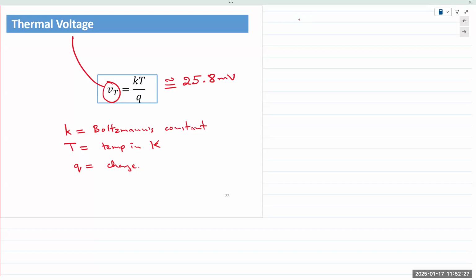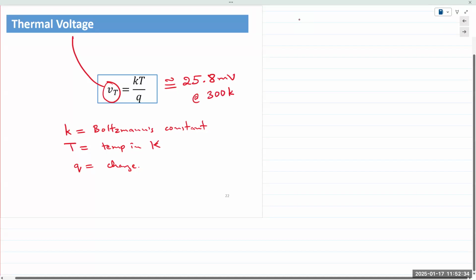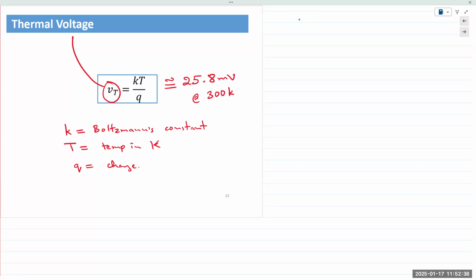But it's approximately 25.8 at 300 Kelvin. If you're taking Boltzmann's constant in electron volts per Kelvin, then you would not do K over Q. Simply multiply by temperature.